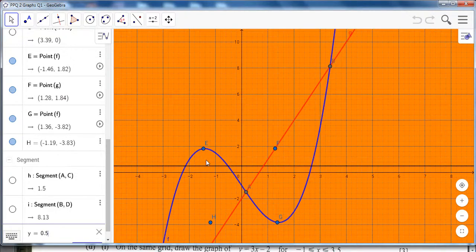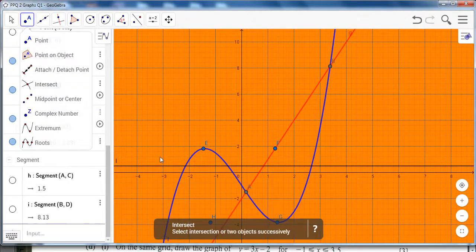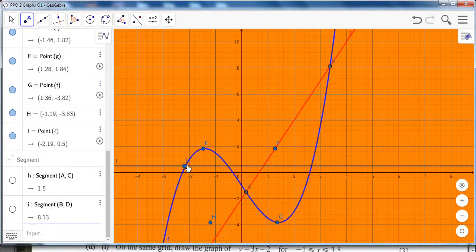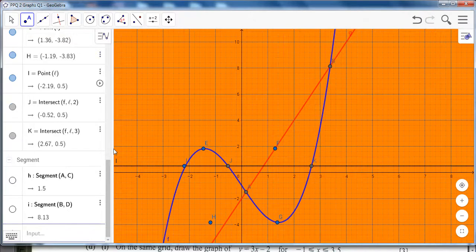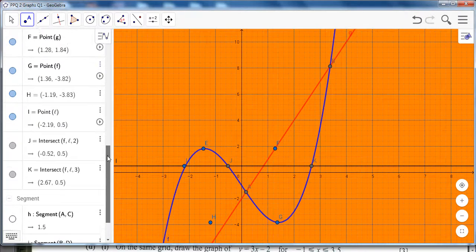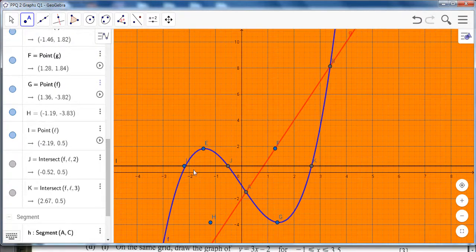Since I'm working on GeoGebra, all I'm going to do is select these 3 points. So one point lies here. Then this is the second point, and that's the third point. If I make a note of the coordinates of these 3 points, which you can see over here are I, J, and K: I has a value of minus 2.19, J has a value of minus 0.52, and K is 2.67.